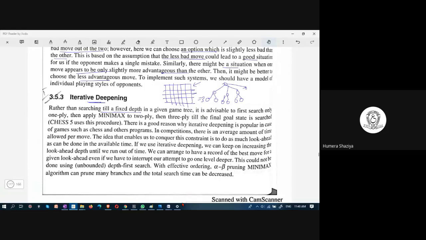Therefore, instead of searching up to a fixed depth, it is advisable to first search only one ply, then apply minimax, then two ply, three ply, meaning first move, second move, third move, till the final goal is searched. First, you take a move, and suppose max takes a move, then min takes moves, apply minimax. Then next max, min, again max for three ply, apply minimax.